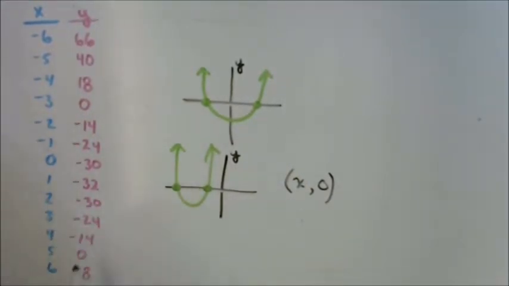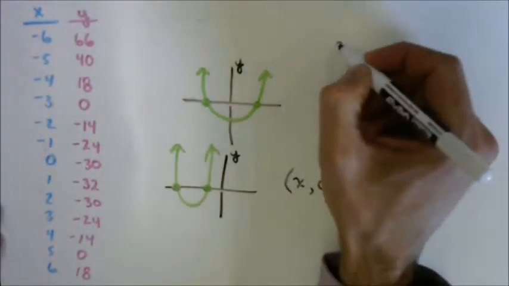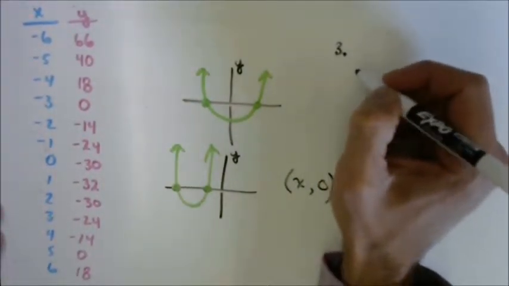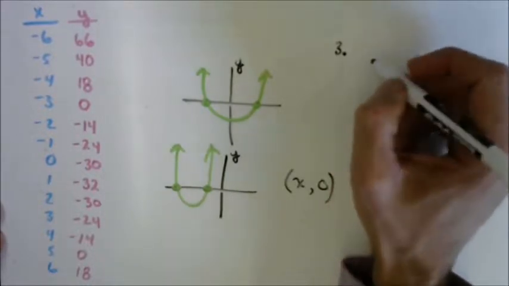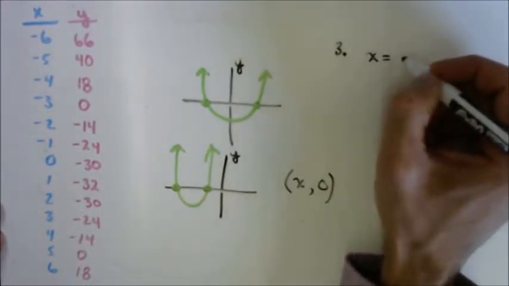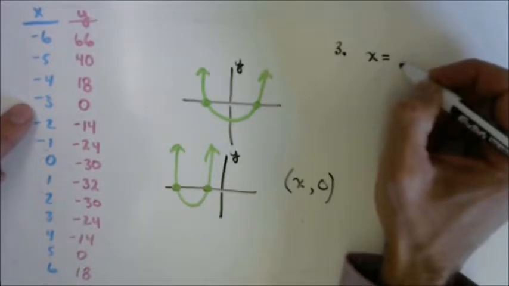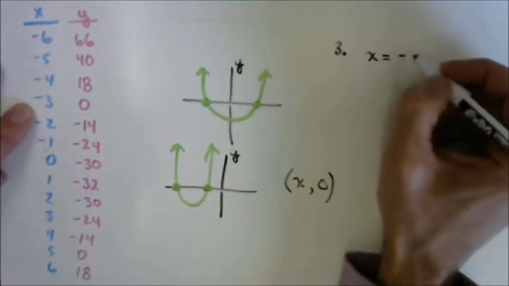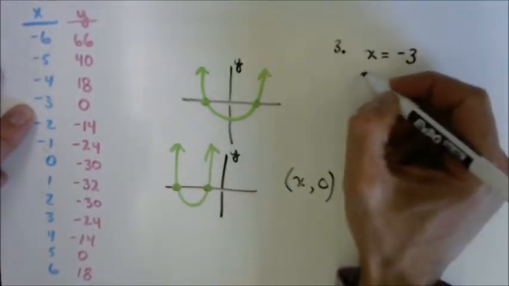So go ahead and look at your table of values. Find the places where y is equal to 0. And note that those are your x-intercepts. So for 3, you have an x-intercept of x equals what? What's your first 0? Where x equals -3, you have a 0.